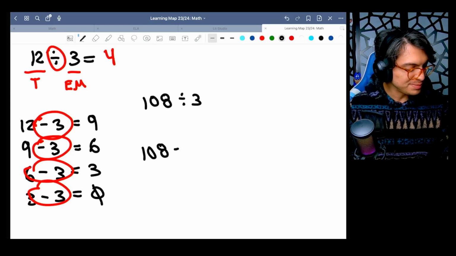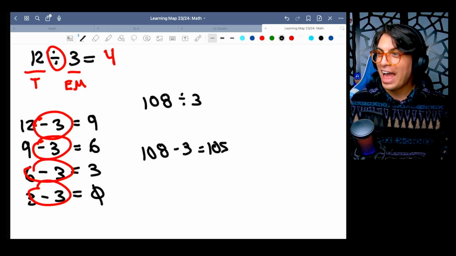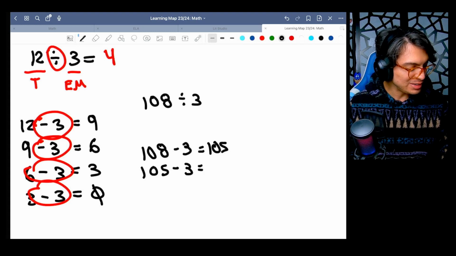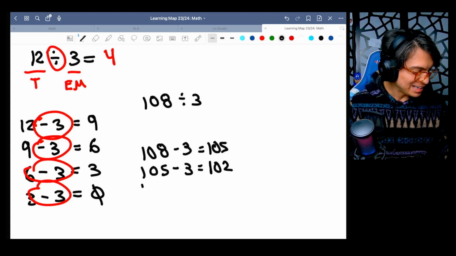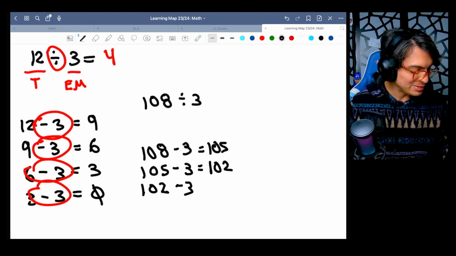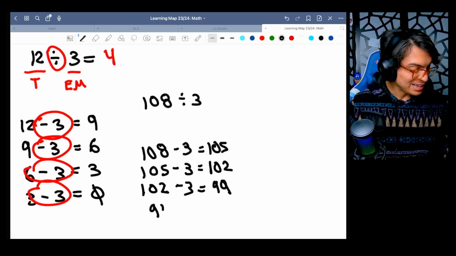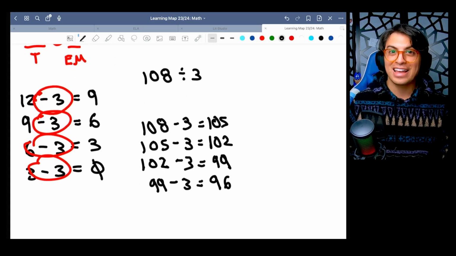108 minus 3 equals 105. I'm not done. 105 minus 3 equals 102. I'm not done. 102 minus 3 equals 99. I'm not done. 99 minus 3 equals 96.